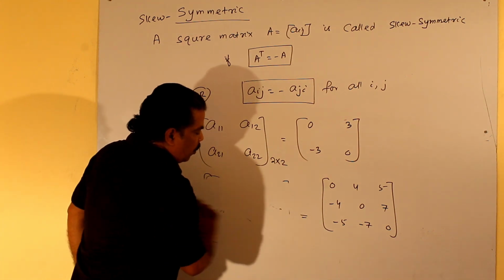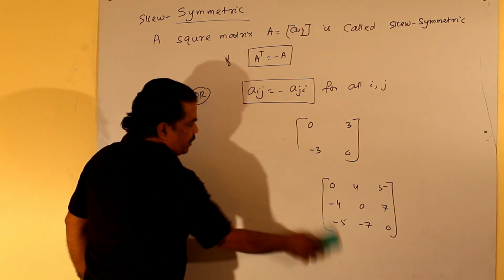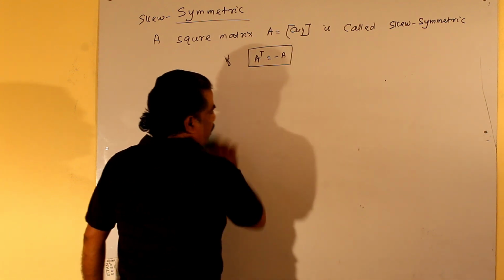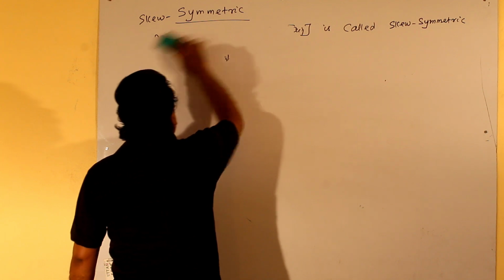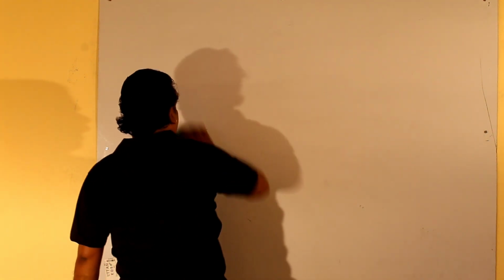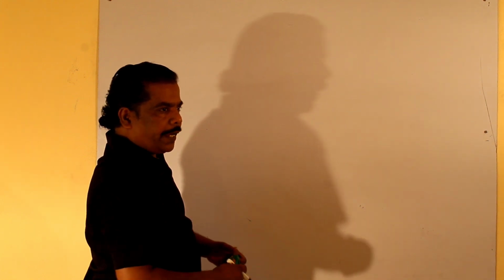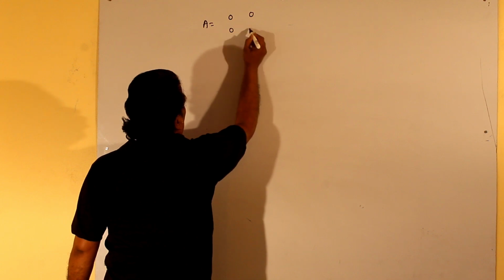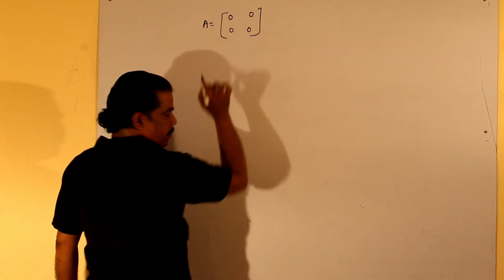Now we know when a matrix is symmetric and when a matrix is skew symmetric. Now let us see whether a matrix can satisfy both characters, that is symmetric and skew symmetric. Take an example, a null matrix 0, 0, 0, 0. A is a null matrix.